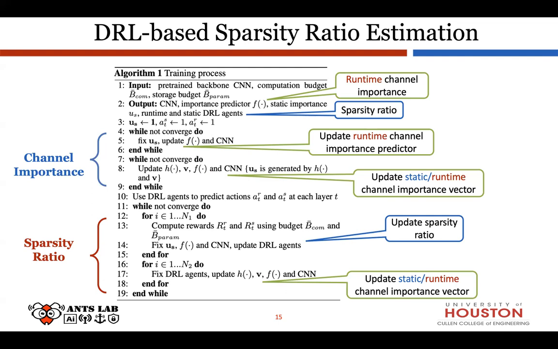But because you are using a deep reinforcement learning approach, the computation cost of the DRL is already very high. So perhaps you can get a better action or a better pruning strategy, but you are using a very computation-expensive process.